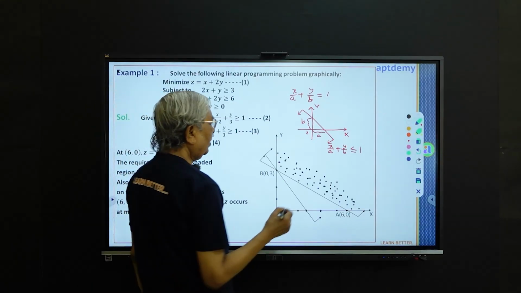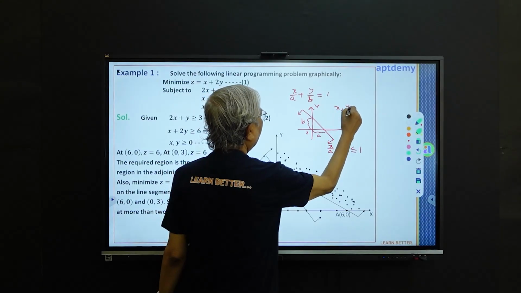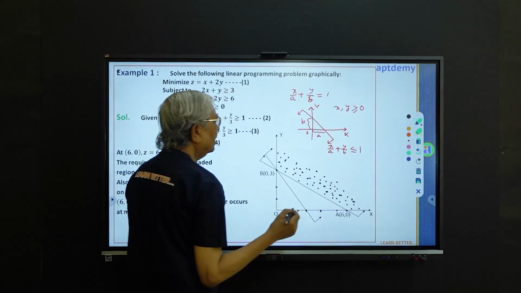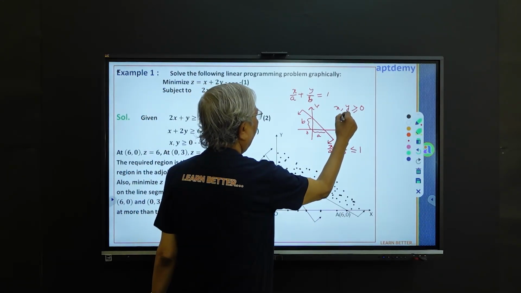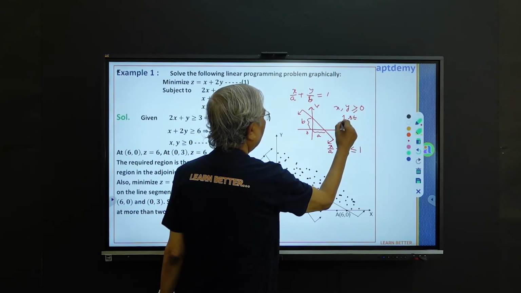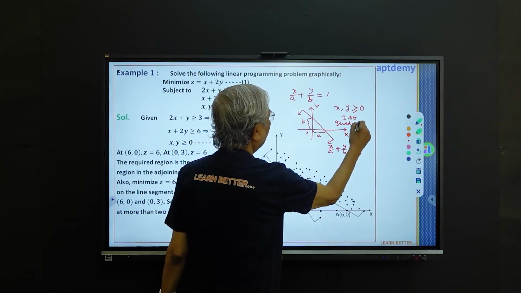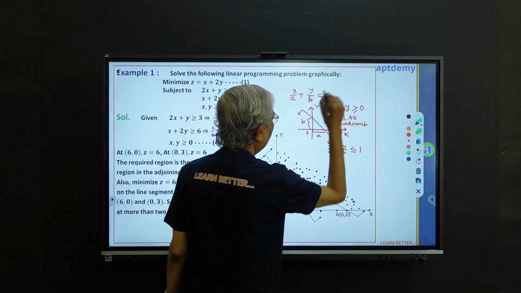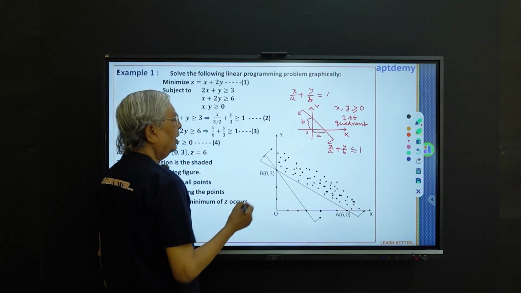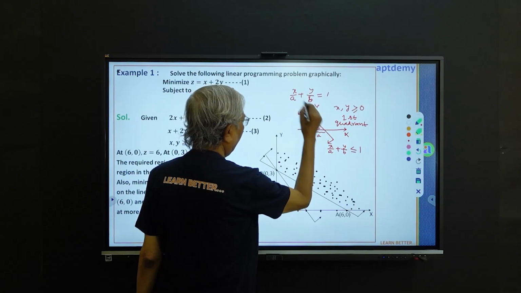Now if you are given that x and y are greater than or equal to 0, that means the region will be in the first quadrant. The region will be in the first quadrant, less or equal to 1, this region.